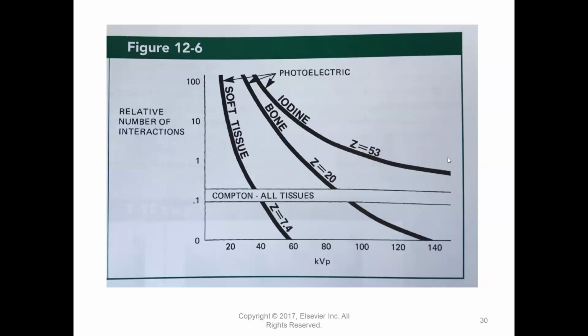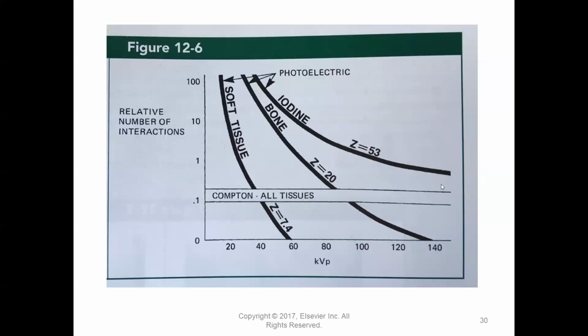And as we increase our energy level, we've gone up to 120 here. We've eliminated photoelectric absorption in the soft tissue. We've knocked out most of them in bone. We still have a small percentage that are being absorbed in the bone. But look at the huge gulf here between where the bone is absorbing and where the iodine is absorbing.